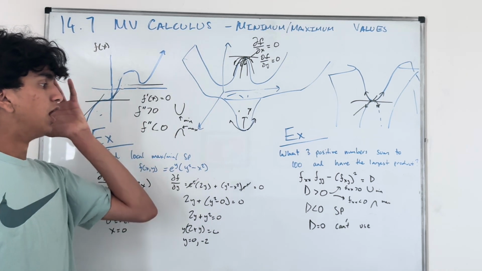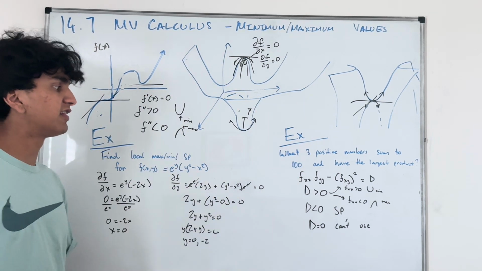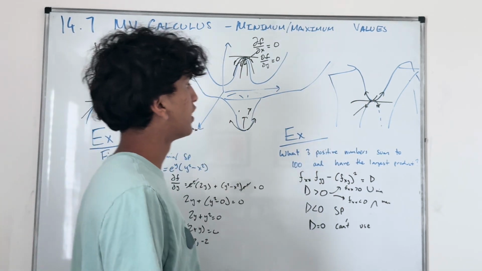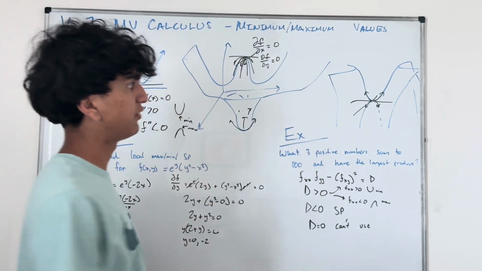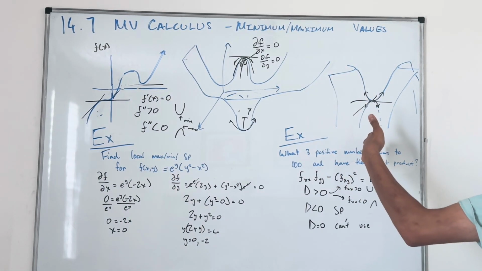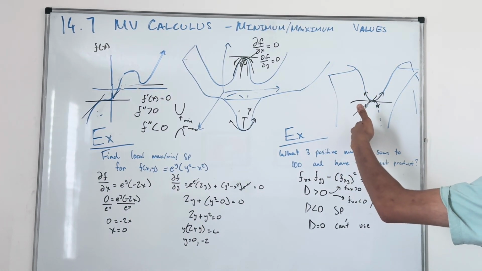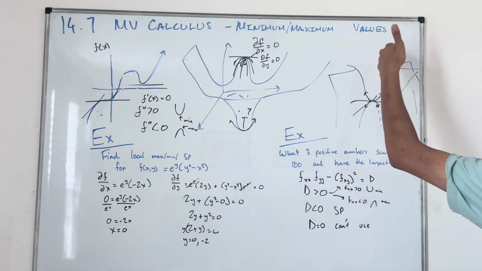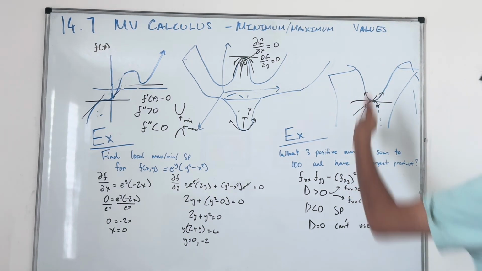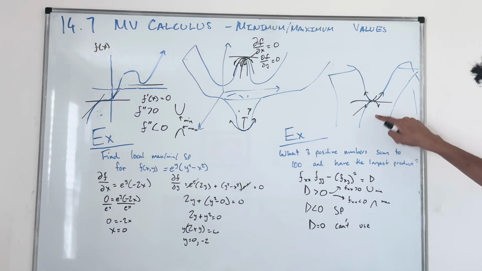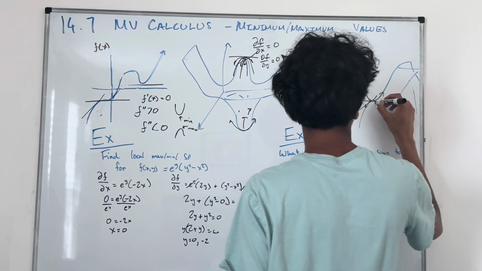Here's the deal. Let's think about a saddle point. A saddle point occurs because in the x direction, if you were to look at a cross section, if you were to split this along a plane, like y equals k, you would see in the x direction the cross section is concave down.